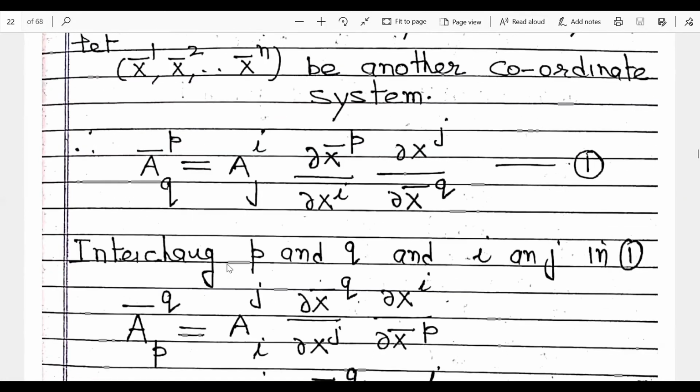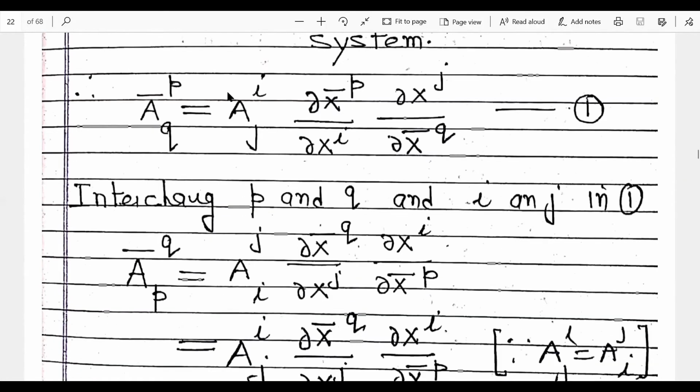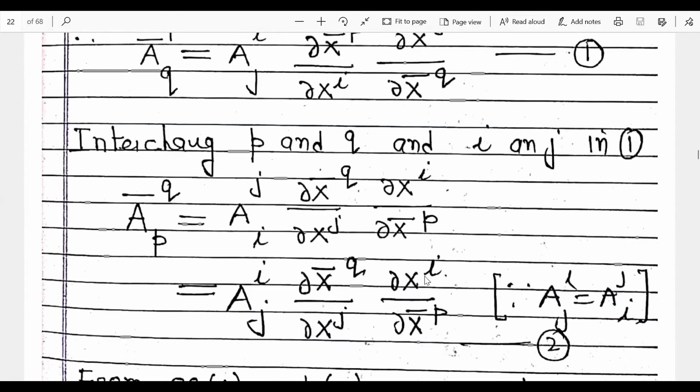Now interchange p and q, and i and j. So this is A bar qp, with the partial derivatives of x bar q, xj, xi, x bar p. Now by the symmetry property, Aji can be written in the form of Aij. Then this is again the same term.